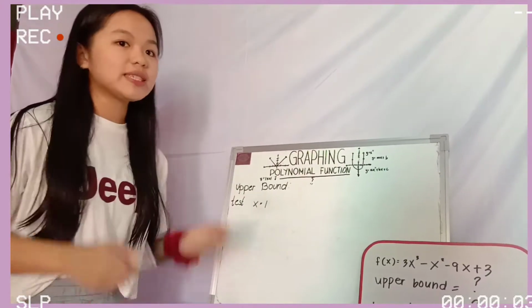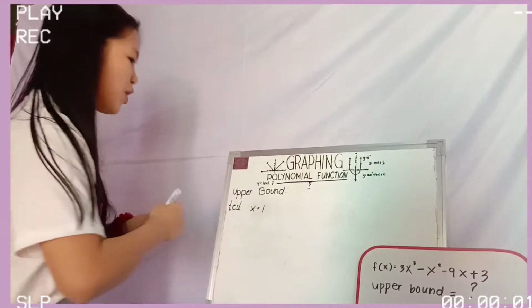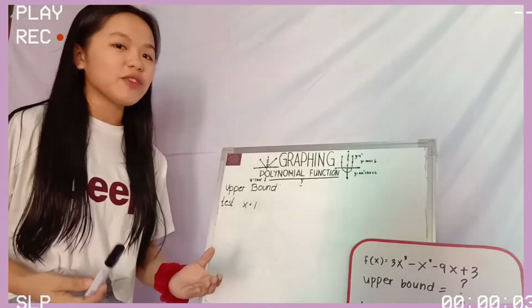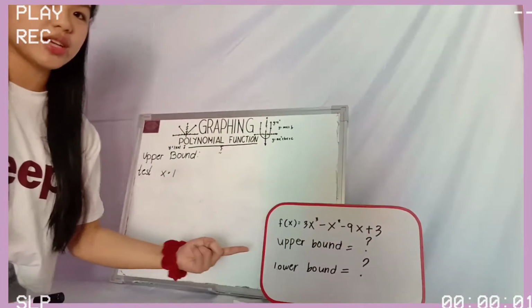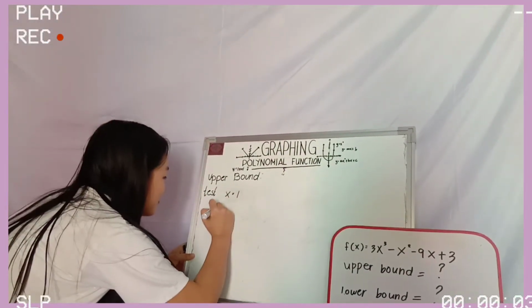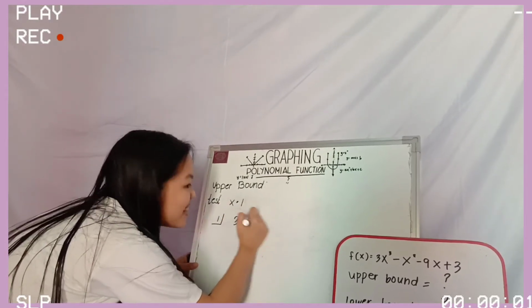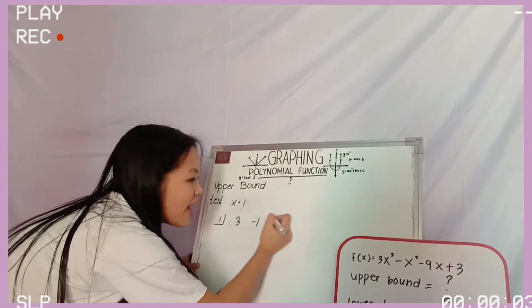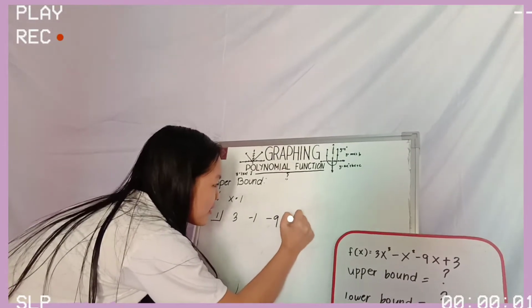So let's use synthetic division. In synthetic division, we need to write all the coefficients of this equation: 1, 3, negative 1, negative 9, and positive 3.